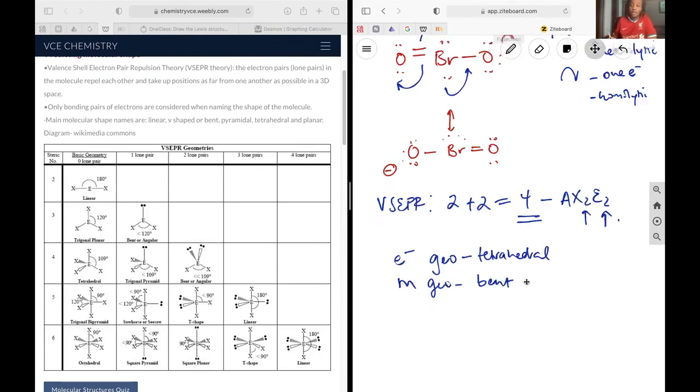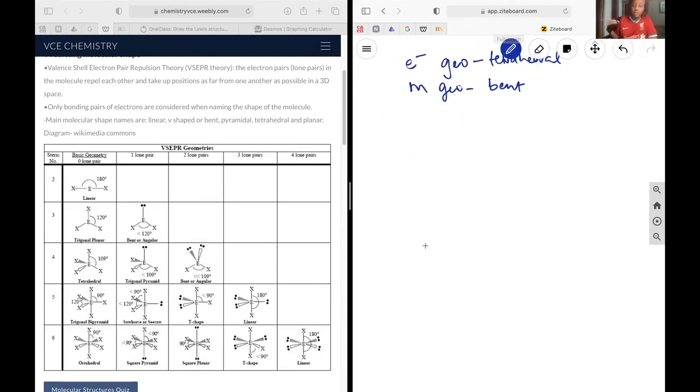And so now when I draw it out, you can draw both, or you can use the broken lines to show that the bonds are delocalized, depending on what your instructor would like. And so we're just going to draw both. So I have Br, oxygen, oxygen, and then I have my 2 lone pairs.